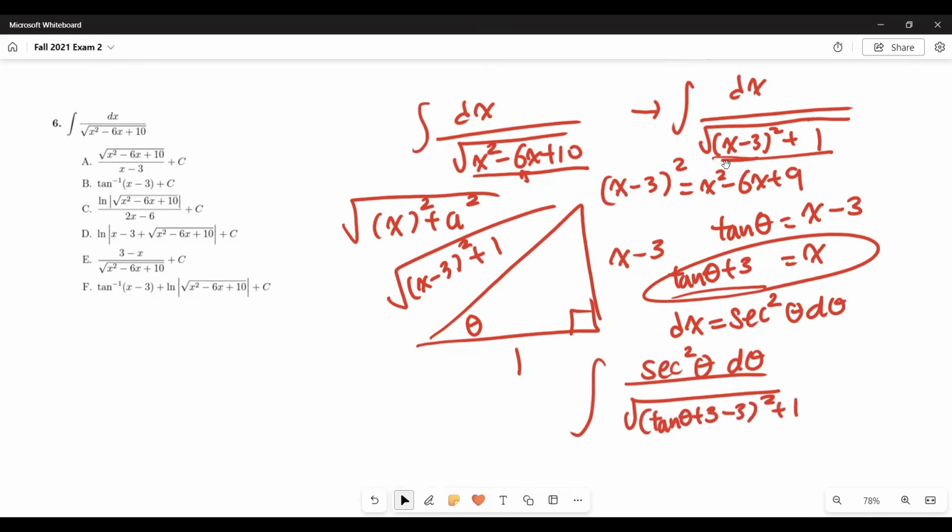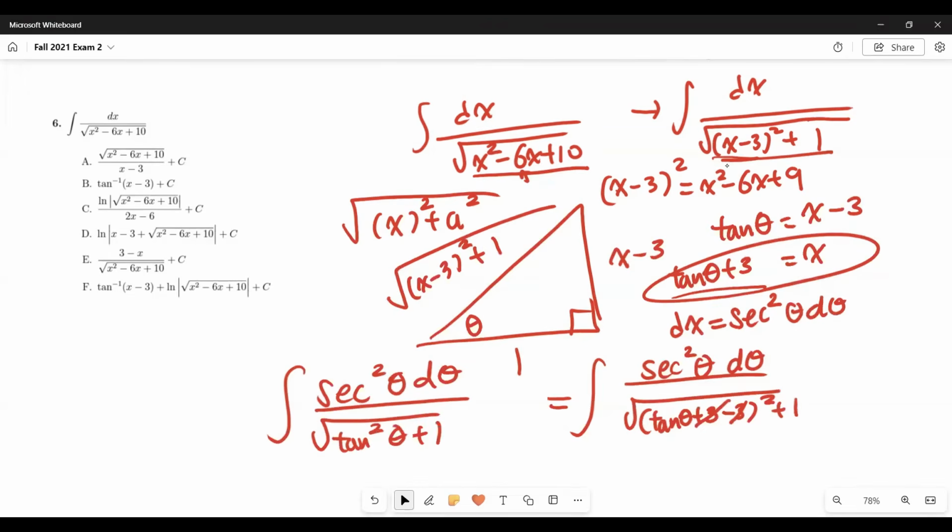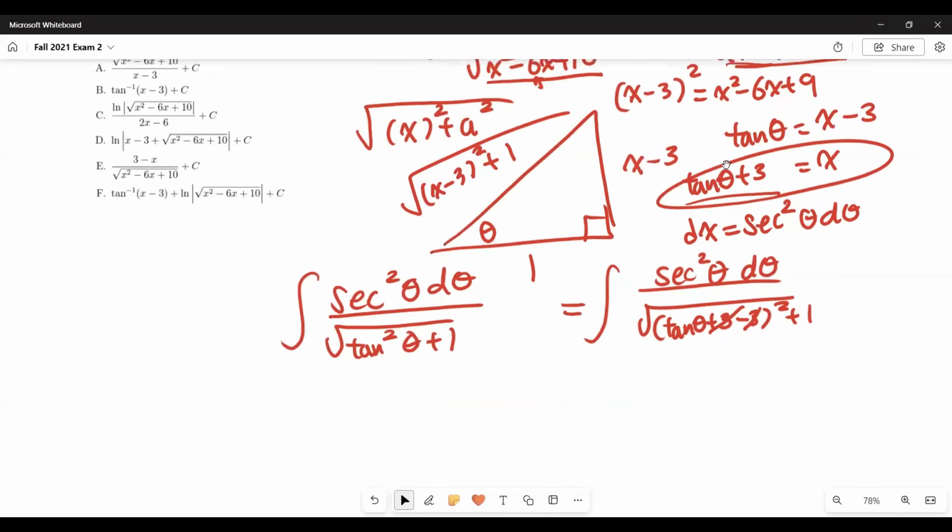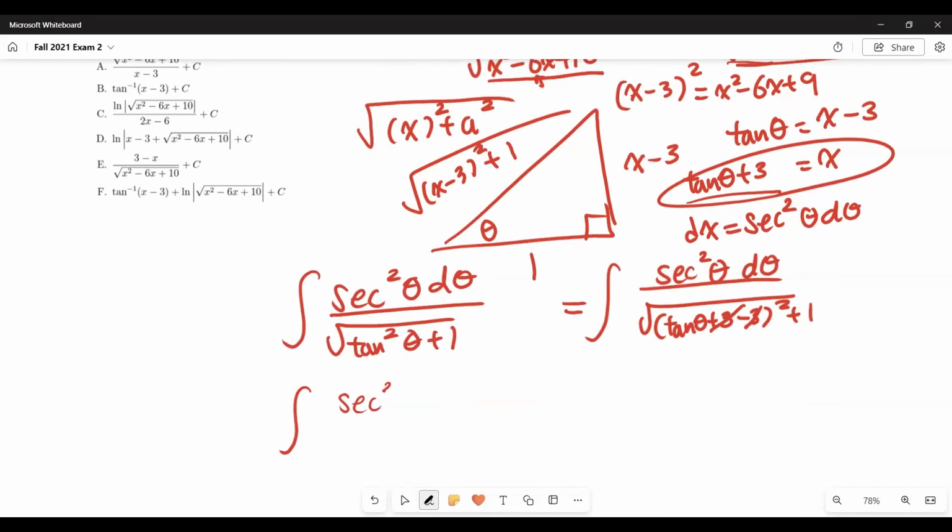This can be just written as secant squared theta d theta over, the 3 and negative 3 cancel out, the square root of tangent squared theta plus 1.